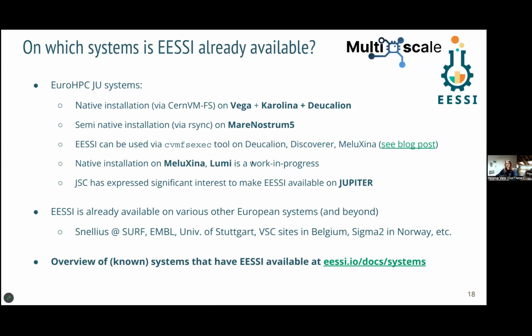And MeluXina and LUMI are a work in progress. And for JUPITER, the first European exascale system, we already have everything in place for when the machine is in production, so surely it will be available there too. And it's also available in other European systems. Here you can see a list of some of them, but you have a full view of where it is available on this webpage.